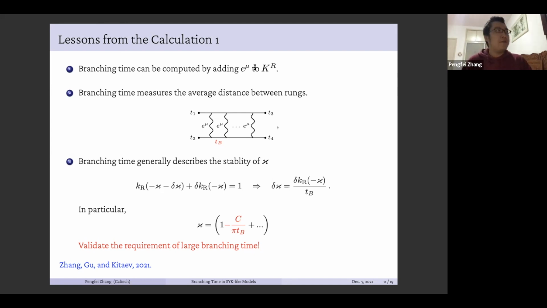For example, we can consider adding some interactions to the system, or we can change the temperature of the system, and then there will be a change of the retarded kernel. More generally, we can determine the change of the Lyapunov exponent, which can be shown to be proportional to 1 over the branching time. So the branching time really characterizes how stable the quantum Lyapunov exponent is.